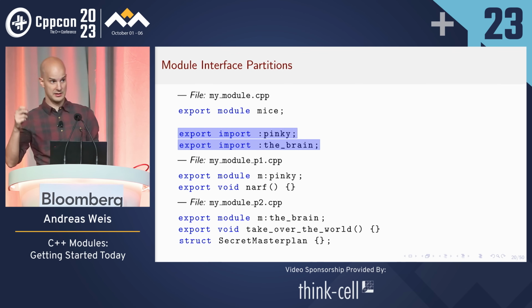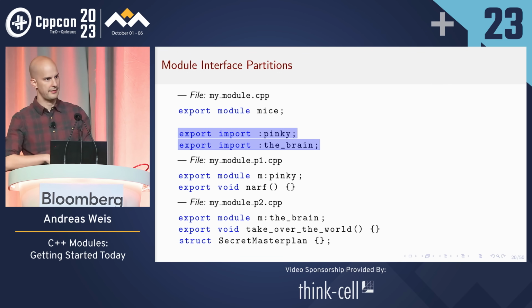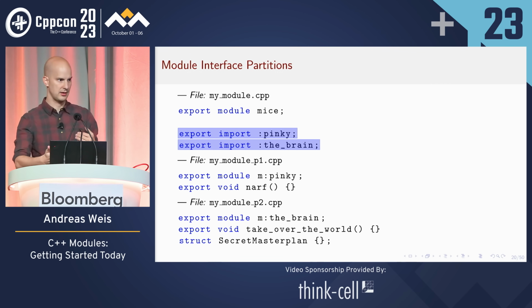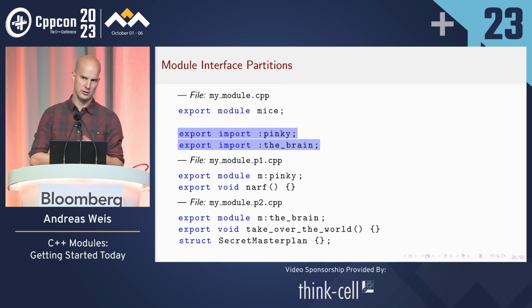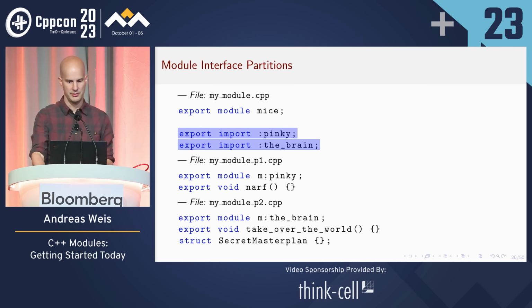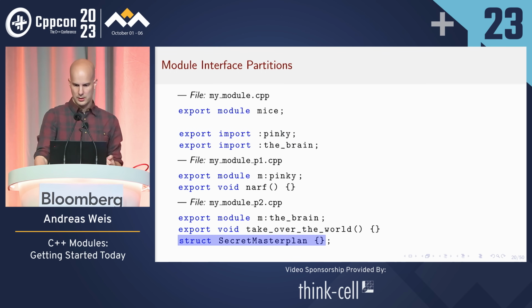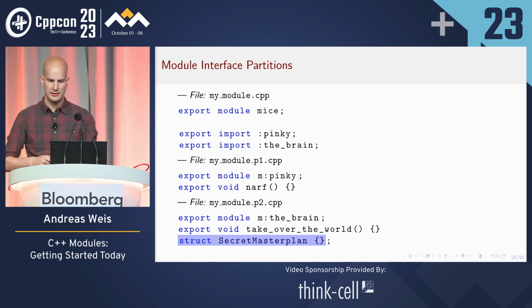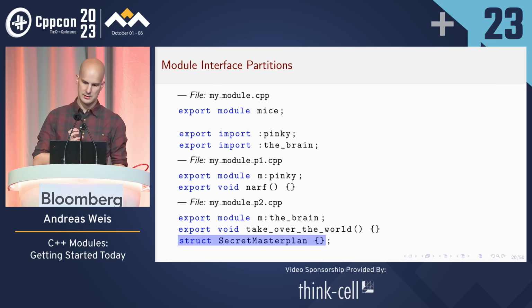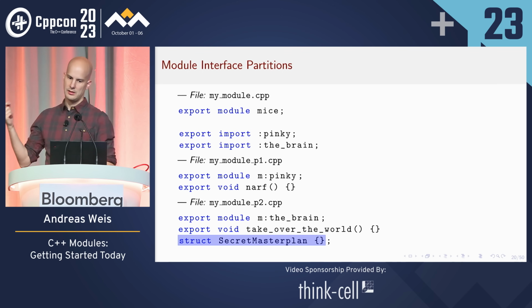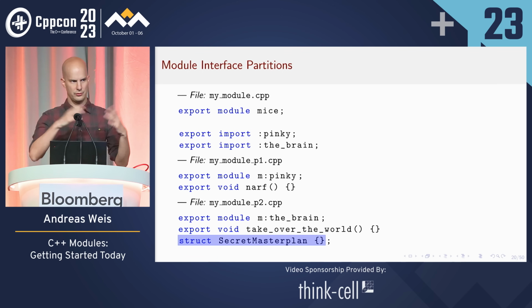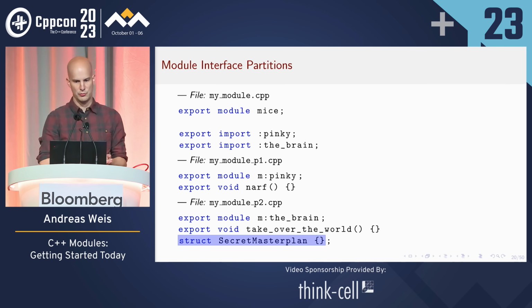The partition is internal to the module only, right? Somebody who just imports mice cannot tell which partition something comes from. So this is purely for structuring the internal structure of your module implementation. One thing is that things that are inside these partitions are visible to the rest of the enclosing module.